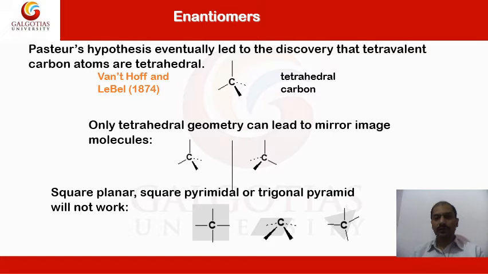Here you can see, as you are aware, that the tetravalent carbon atom is tetrahedral. You might have much idea about hybridization from your undergraduate programs. Van't Hoff and Le Bel gave the tetrahedral structure of carbon, especially for the methane molecule. Here is the representation.